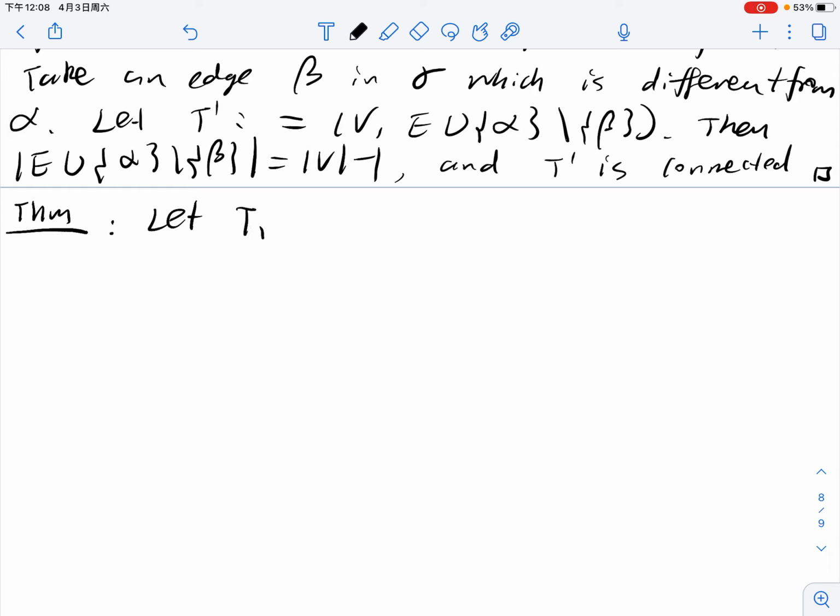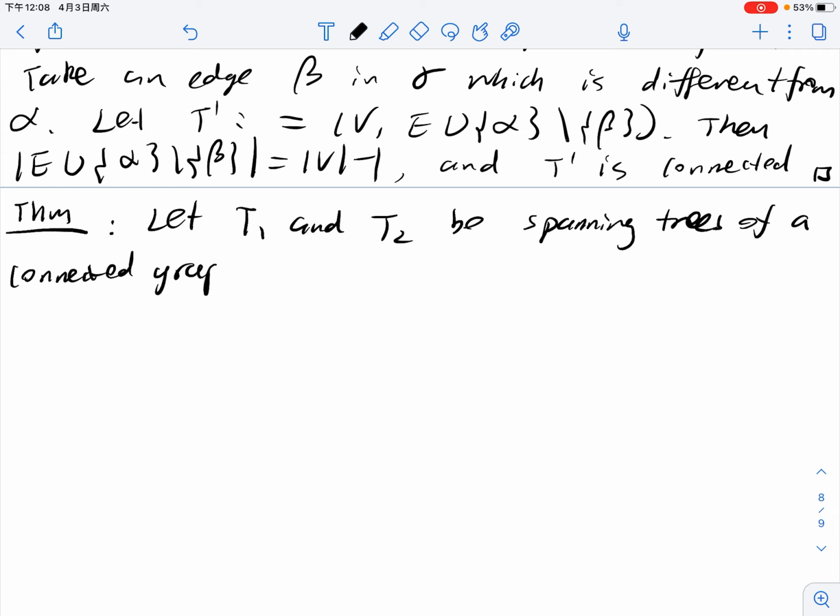The next theorem, just as we illustrated before, is just the reverse direction. You first kick out something, and then you want to find something to make it up. You want to kick it in. Let T1 and T2 be spanning trees of a connected graph G. Let beta be an edge of T1.